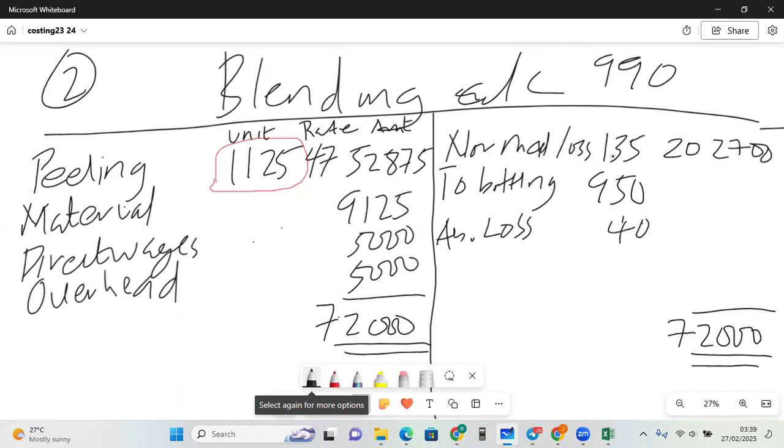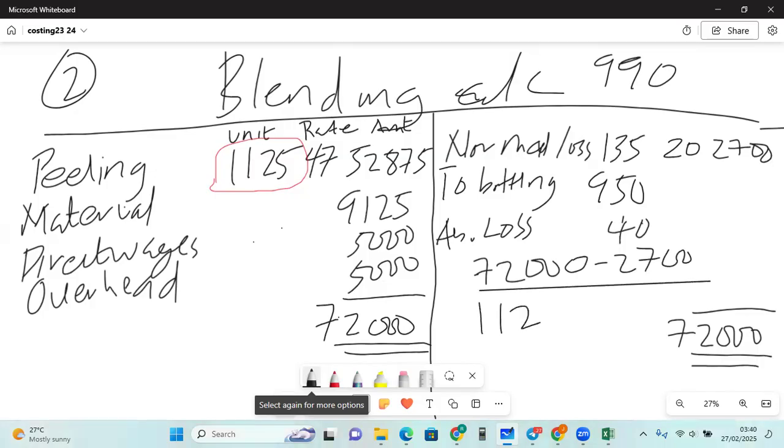So now if we compute the total, it is going to be the same thing: 72,000 minus 27,000 all over 1125 minus 135.